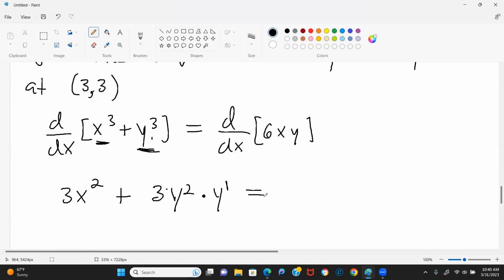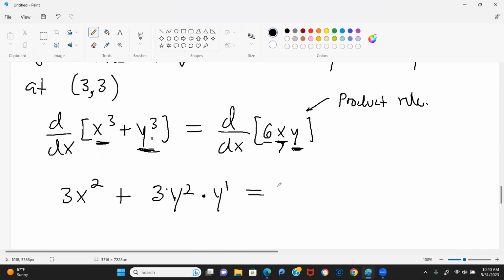Now on the right-hand side, I have a function of x, which is just x, times this other, quote unquote, function of x, which is y. So I need to use the product rule here, because y is not a constant. y is changing with respect to x. If you multiply two things that are changing with respect to x, you have to use the product rule.